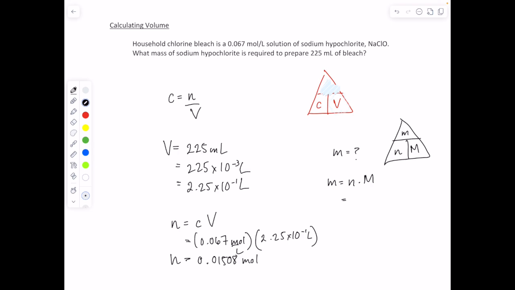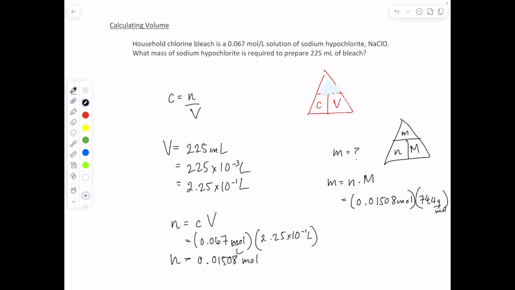We just determined the number of moles, and we're going to multiply this by the molar mass of sodium hypochlorite, which is 74.4 grams per mole.